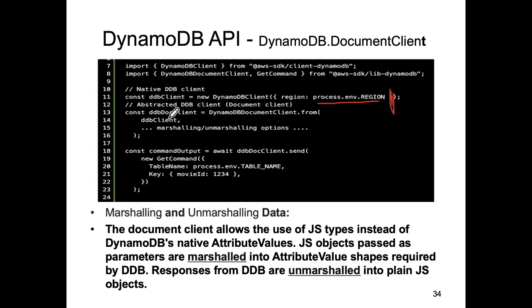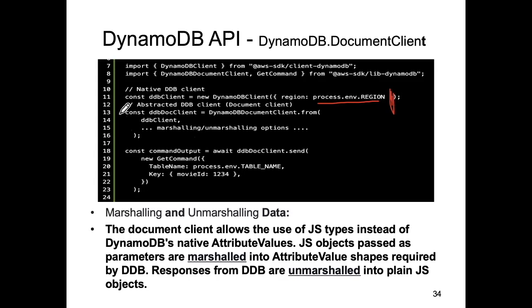So I have my document client instance. And in terms of configuring your document client, you've got to provide it with an instance of the low-level client. That's what this is. Okay, that's referring just to this variable up here. You've also got to specify the marshalling and unmarshalling options. I'll come back to that in a minute.